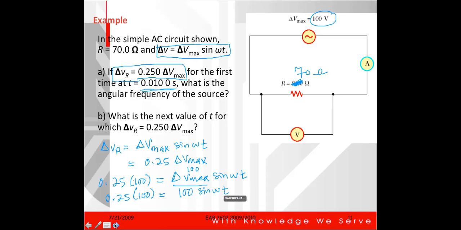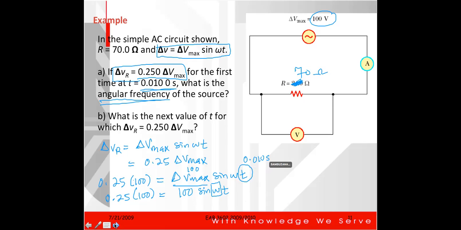Okay, so sekarang apa yang kita nak cari adalah angular frequency of the source. So which is this omega. Kita nak cari what is this omega. So yang lain semua kita dah tahu, tinggal omega je kita tak tahu, T pun kita dah tahu. T ni adalah the time. In this case T is equal to 0.01 second kan?